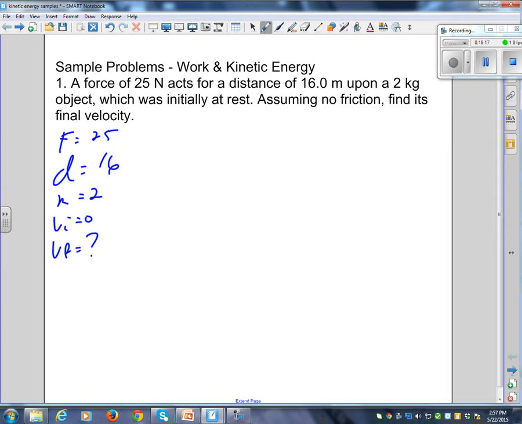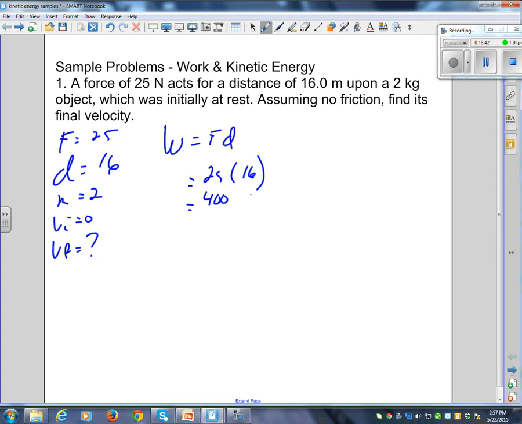Well, F equals MA, to get the acceleration, we could. Could we go work is FD, 25 times 16? There's probably multiple ways to do it.